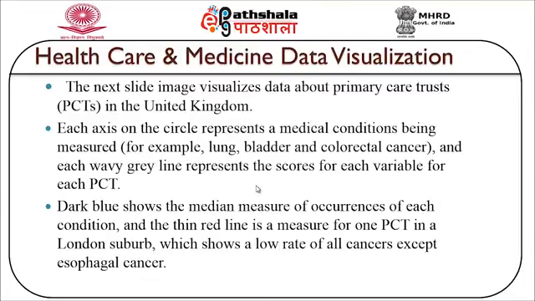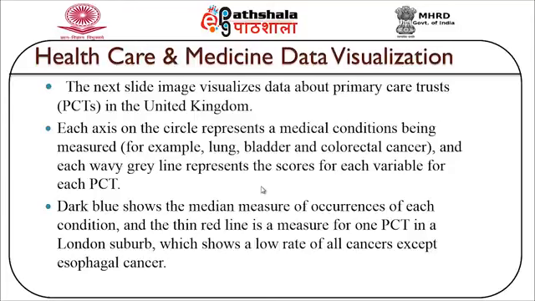In the next slide we can see a visual about the primary care trust in the UK. Here each axis on the circle represents a medical condition being measured, for example lung, bladder and colorectal cancer, and each wavy grey line represents the scores for each variable for the primary care trust.